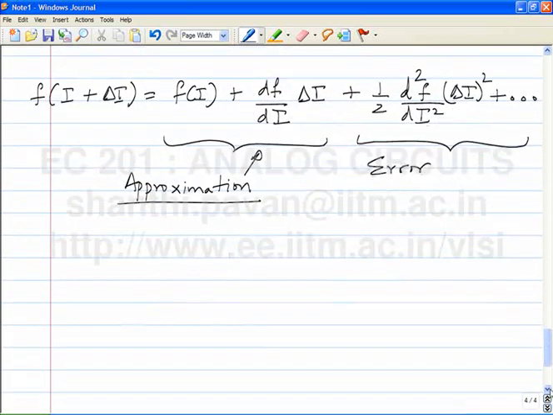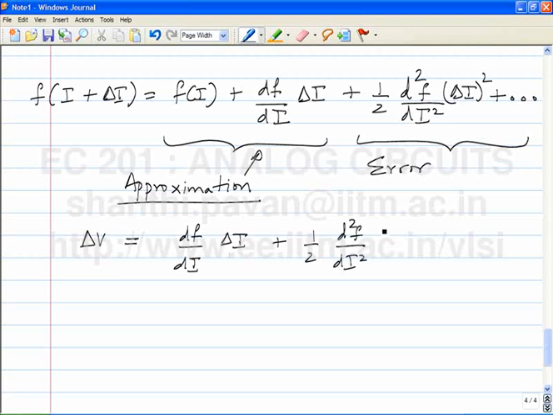So in other words, delta V in reality has to be df by dI times delta I plus 1/2 d square f by dI square delta I the whole square plus 1 over 3 factorial d cube f by dI cube times delta I the whole cube and so on.